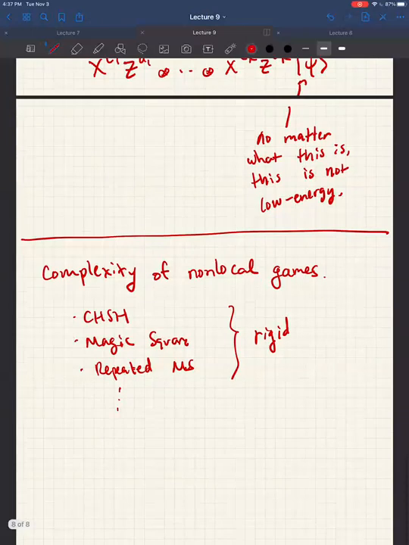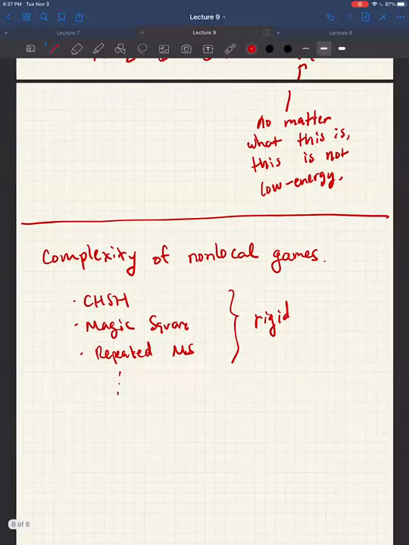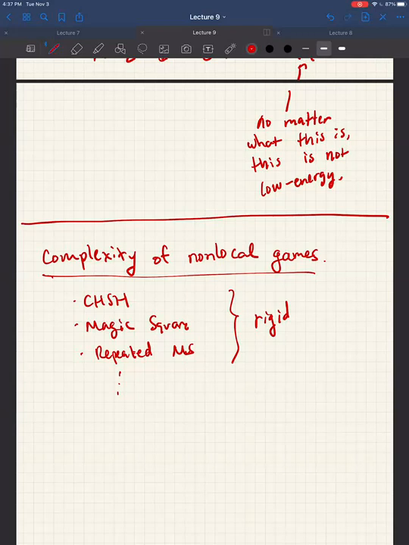So the question that we now want to ask is, well, that's pretty interesting. We can just think about non-local games abstractly and ask all sorts of questions about them. Not only what other non-local games are out there, and which ones of them are rigid. We want to ask, can you compute the optimal winning probability of non-local games?